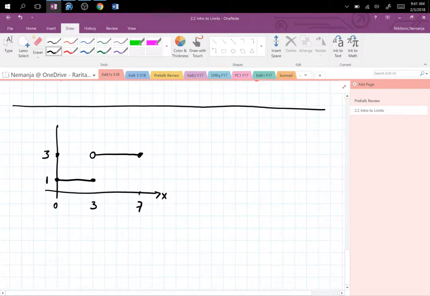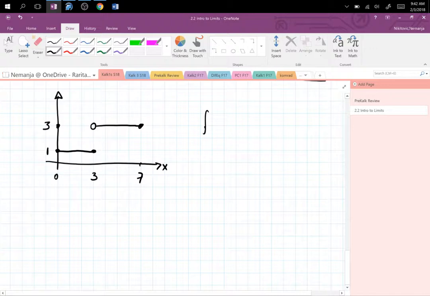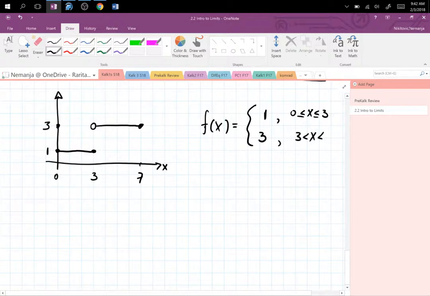So if you look at this function here, you can actually write the formula for it. It is the constant function 1 when x is between 0 and 3, and then it's 3 when x is between 3 and 7.